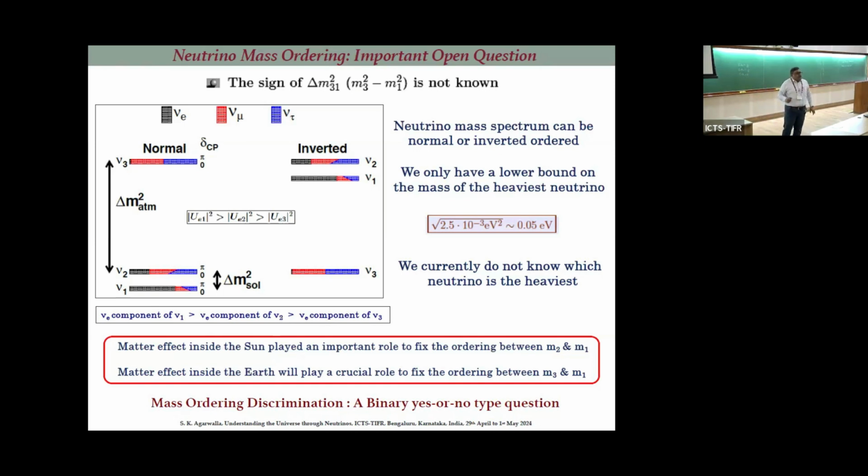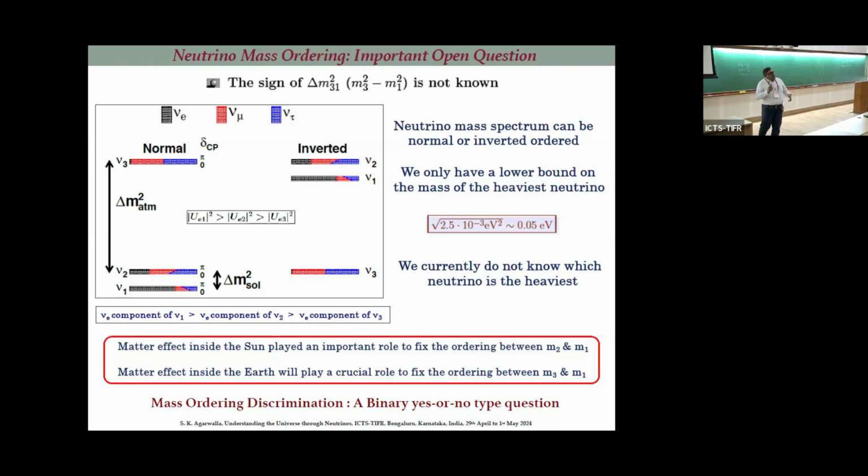Now the question comes, the third mass eigenstate. Present data, modulo some hints, allows you to place this third mass eigenstate on top of M2, which we call the normally ordered pattern. If you don't like it, you can also go this way, where you put this M3 mass eigenstate below M1.